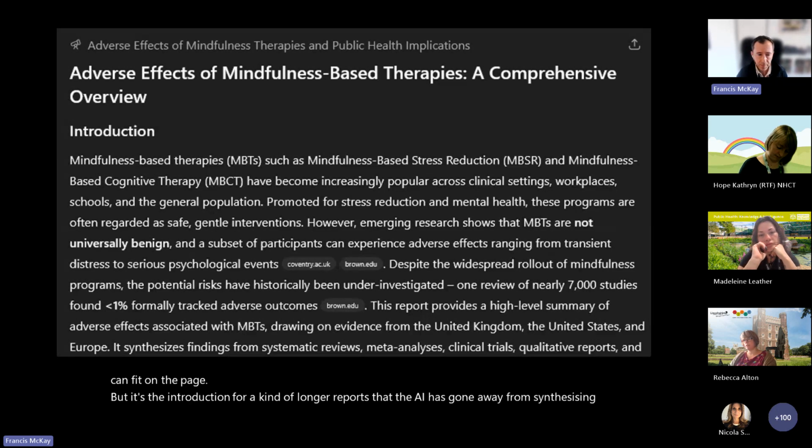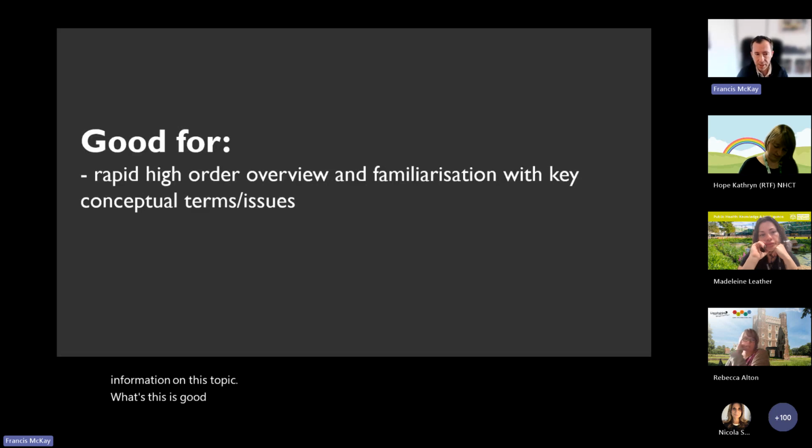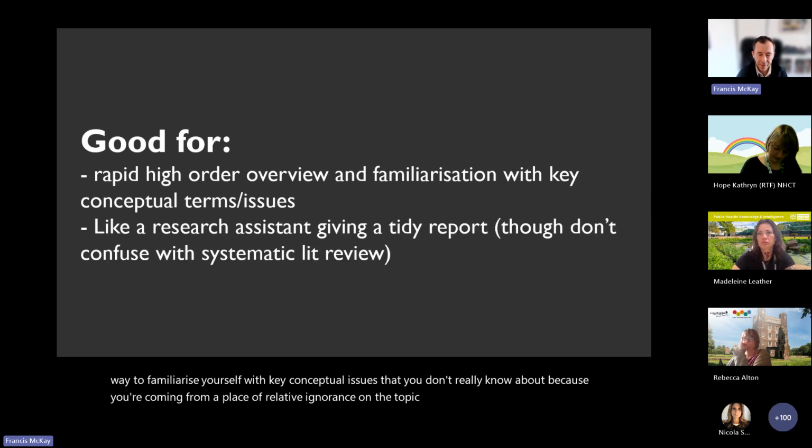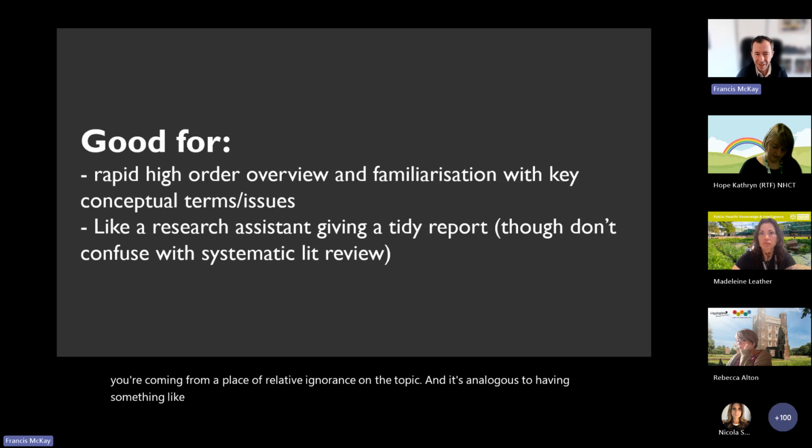What this is good for, I would say, is a rapid, high-order overview and a way to familiarize yourself with key conceptual issues that you don't really know about because you're coming from a place of relative ignorance on the topic. And it's analogous to having something like a research assistant giving a tidy report on the topic, or maybe something like a Wikipedia entry is another way of thinking about it.